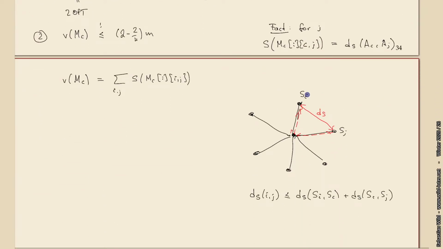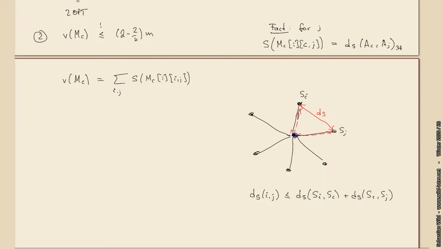So for all the summands, I have two options. I'm either summing over an edge or I'm summing over one of these. Then I can upper bound it by summing over the two edges. So how often do we sum over each edge? We sum once for I equal the leaf, j equals the center.